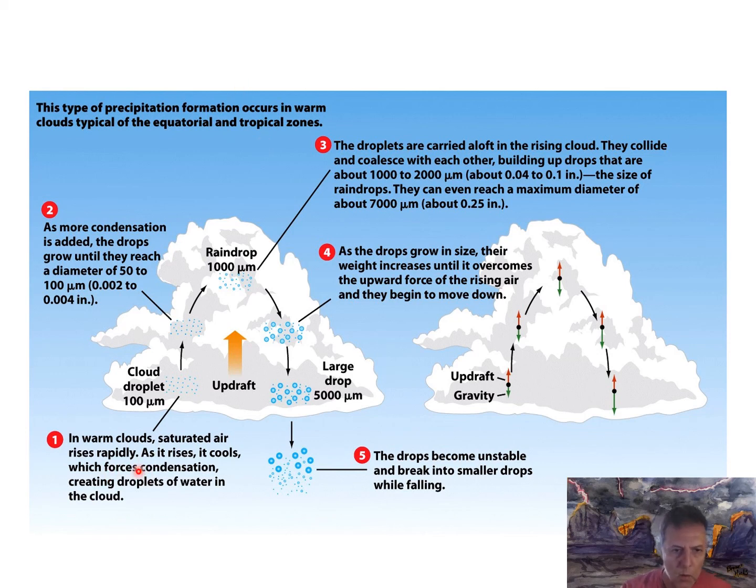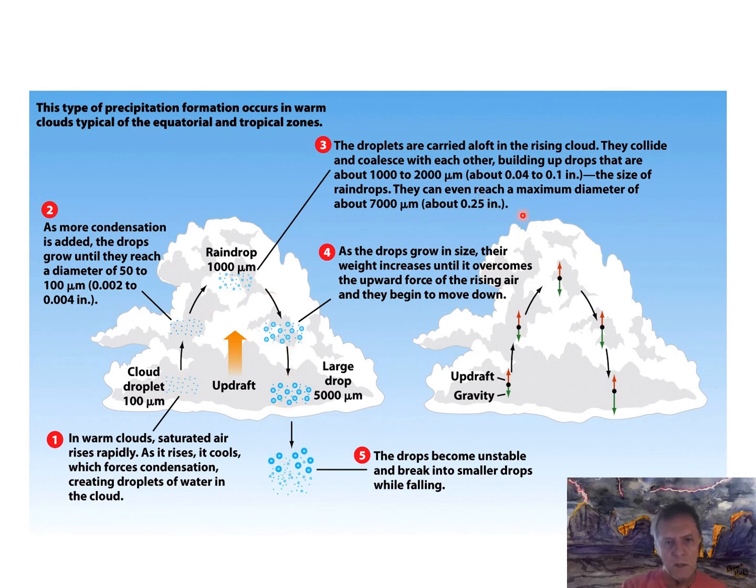So in warm clouds, you get saturated air. Remember, warm air can hold a lot of moisture. It rises. As it rises, it cools and condenses, creating droplets of water, which then drop out of the cloud.